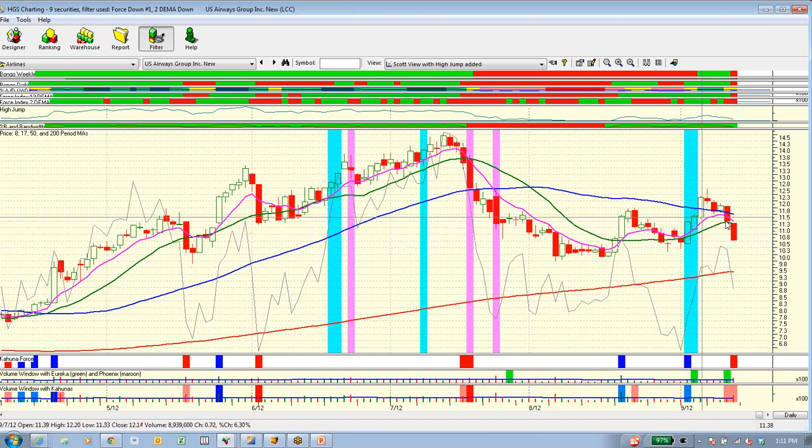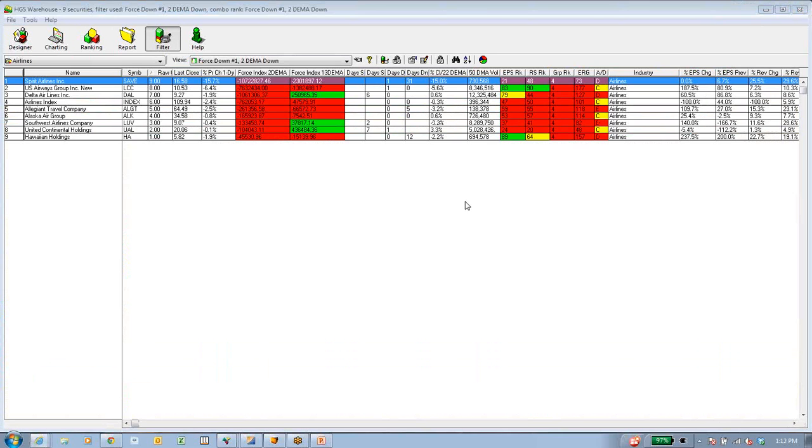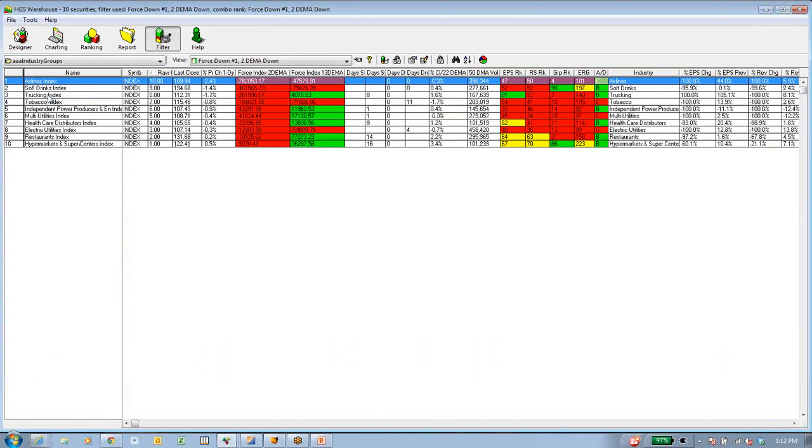So even if I was long, I probably would have gotten taken out before the big drop, but I probably would have lost money on the stock. But I do a lot of chart-based stops. When I use them, I do a lot of mental stops, and I look at the chart every night, and if the close violates my stop, then I'm out the next morning unless there's a gap up. So airlines are weak. Let's get out of airlines.